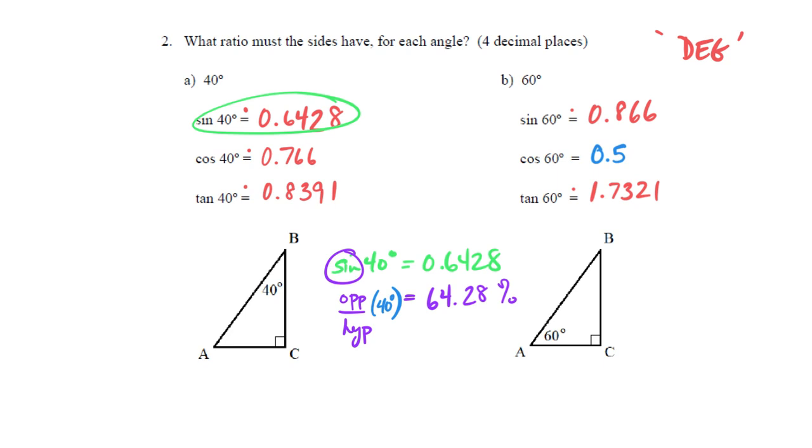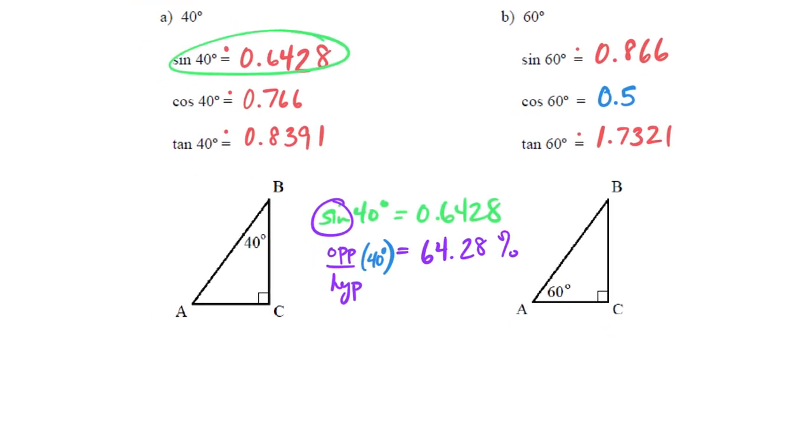If I go one more step, if I took that purple equation and ignored the 40, let's take that as a given. We're talking about a 40-degree angle. We can see it on our diagram. But instead, I solved for my opposite. That means I have to get rid of the divide by hypotenuse, so I'm going to multiply that out.